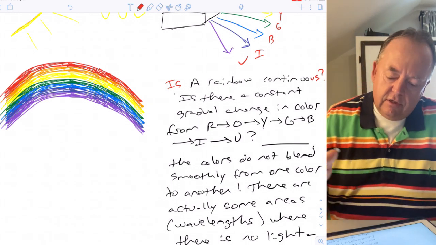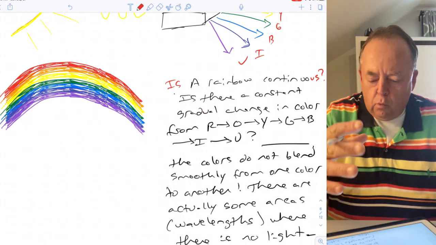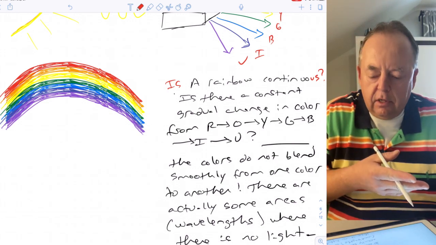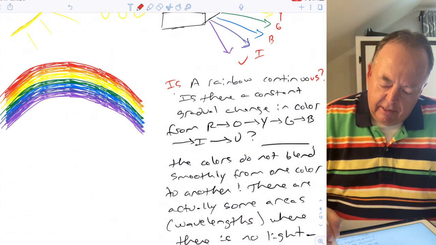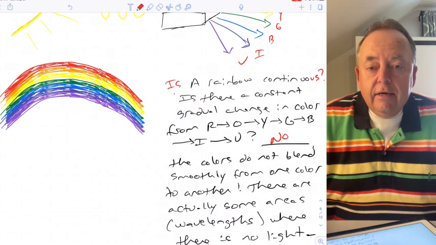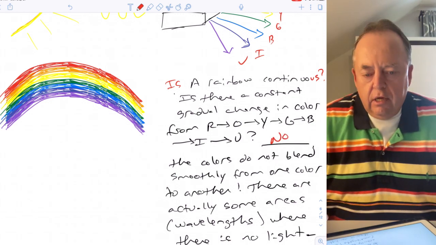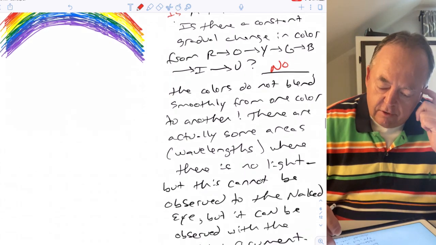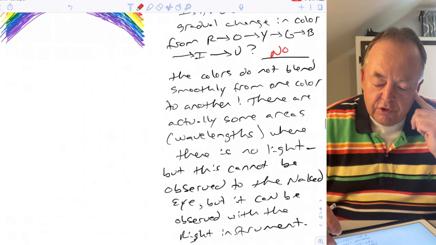Is there a constant or gradual change from one color to the other color where each of the colors just blends into each other? And the answer is no, it's not. There's actually some regions in there where there is no color, where there's no light. So the colors do not blend smoothly from one color to another.